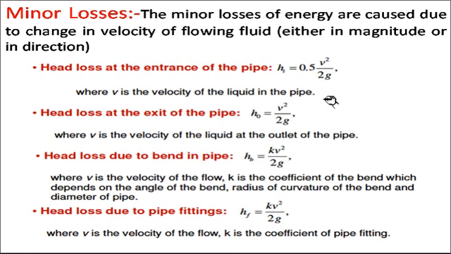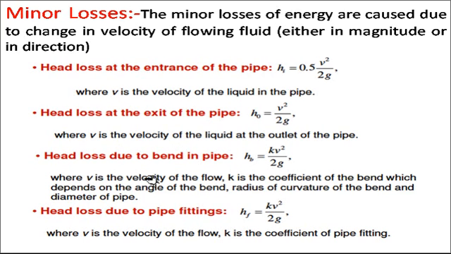Now at the exit of the pipe, again the minor loss takes place, and that value is V square upon 2g. Again, V is the velocity of the liquid at the outlet of the pipe.